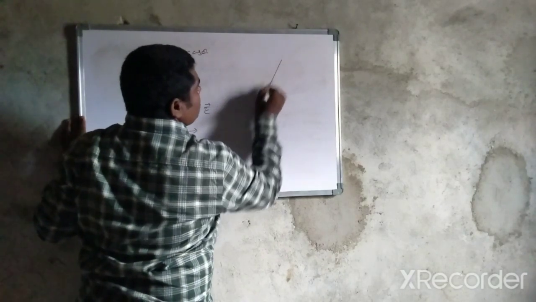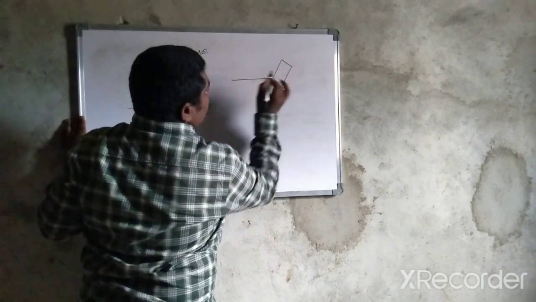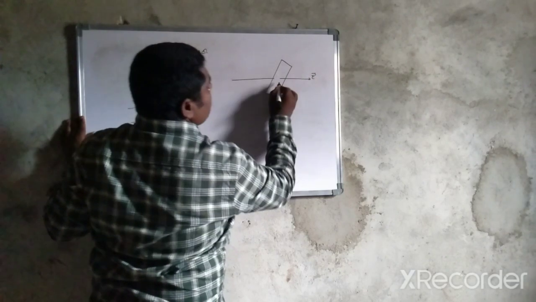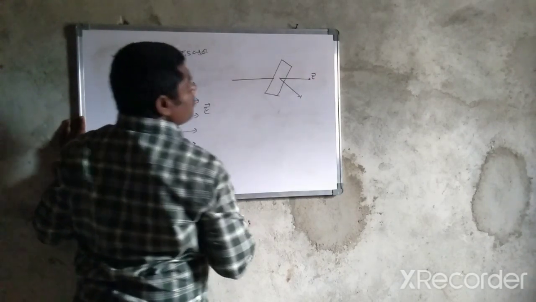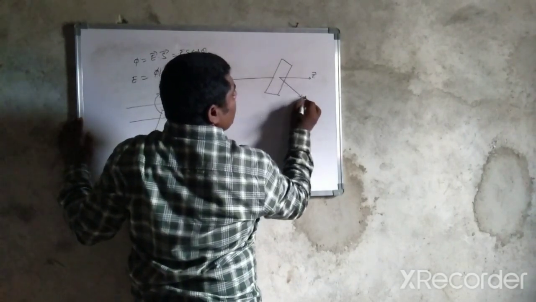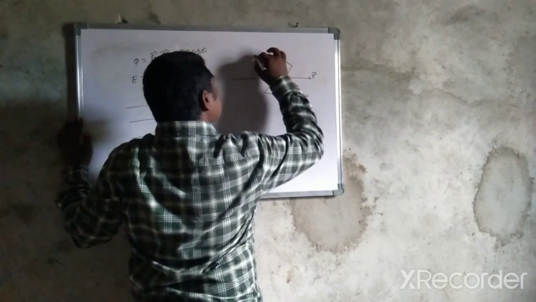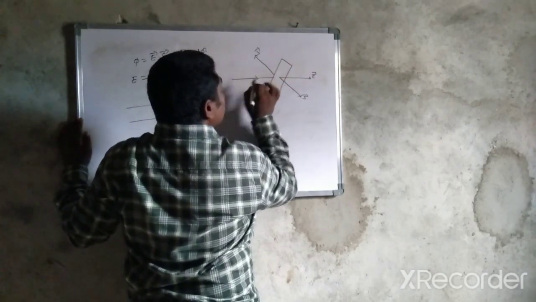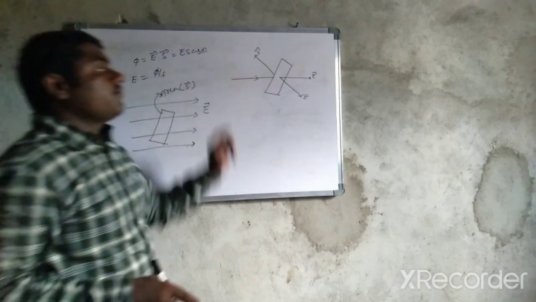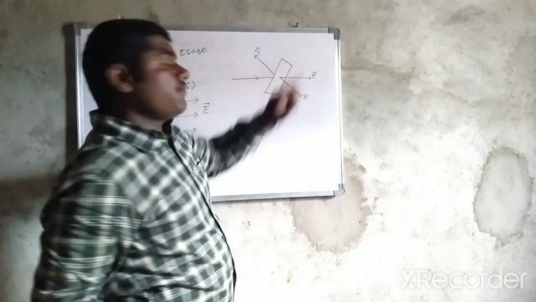Let us consider this is the surface area. Here one electric field line enters the surface and leaves from the surface. This is normal to the surface, S bar, and this one is also normal to the surface, also S bar. Here the electric field enters the surface, and here the electric field comes out of the surface.